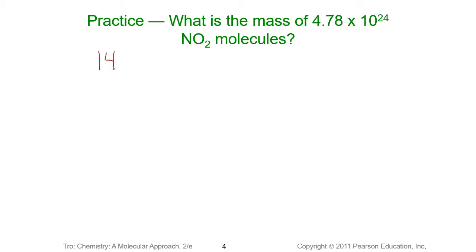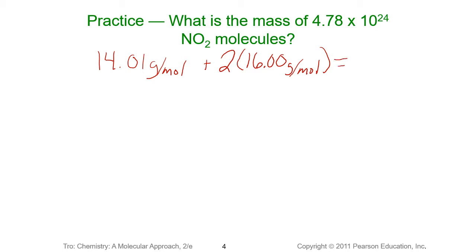So if we go to the periodic table, we can find the molar mass of nitrogen plus 2 times the molar mass of oxygen. And typically 2 decimal places is far enough to go on our masses for significant figures. So 46.01 grams per mole for our NO2 molecules.